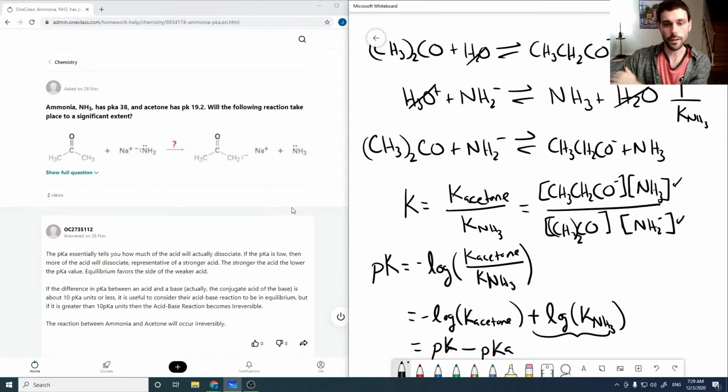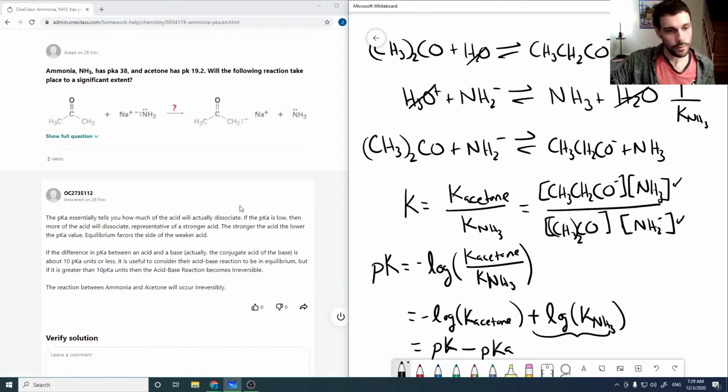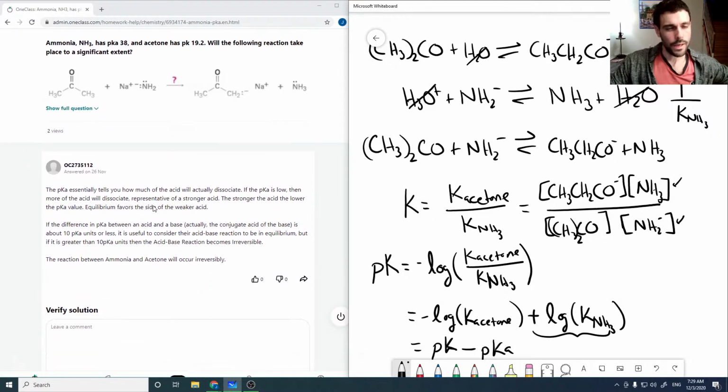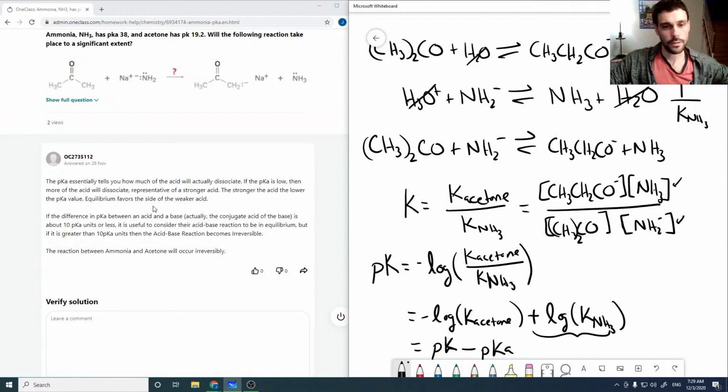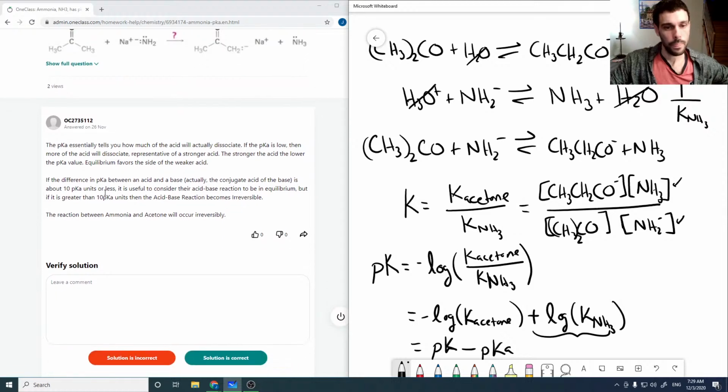Okay, so I hope you followed the logic there. Okay, so let's see here. The pK essentially tells you how much the acid will dissociate. If it's low, then more will dissociate, so you want a lower number. The stronger the acid, the lower.